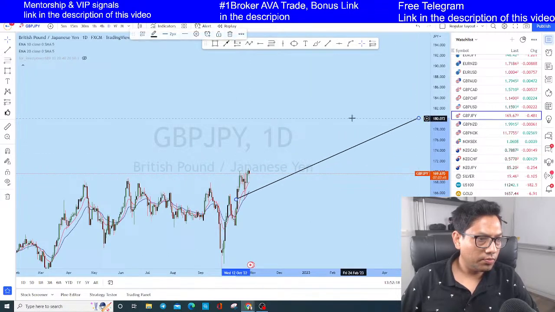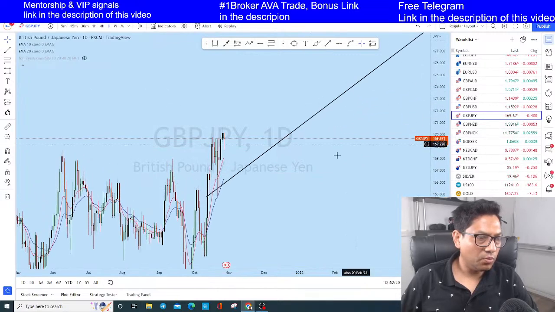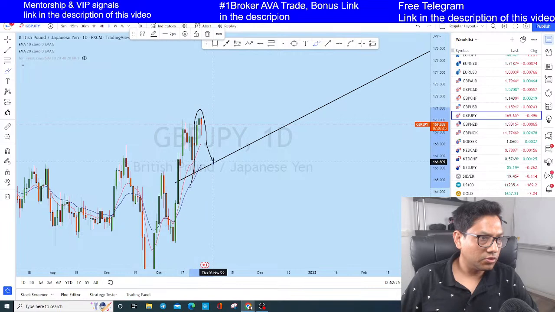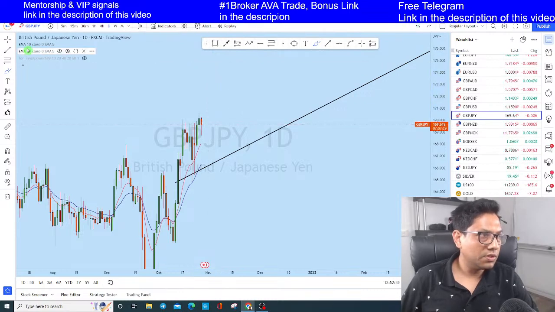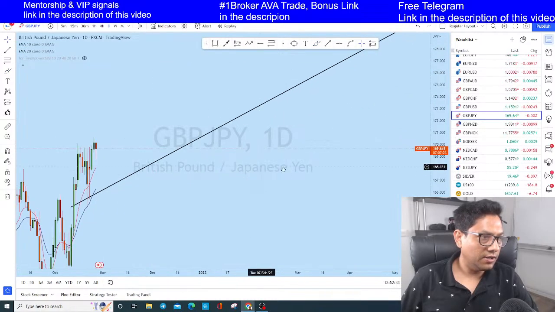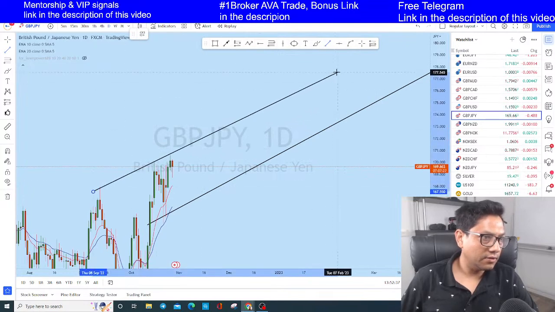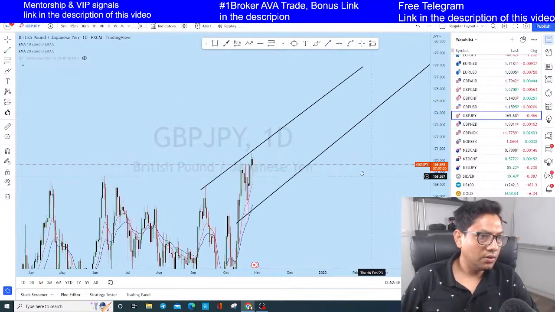You know how the price moves normally, like this. You see this impulse; in most cases you may not see price moving straight like that. The price normally moves in this way, creating a channel.